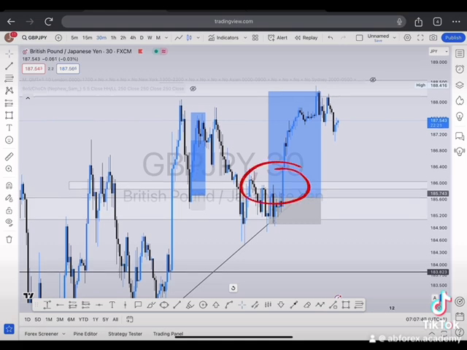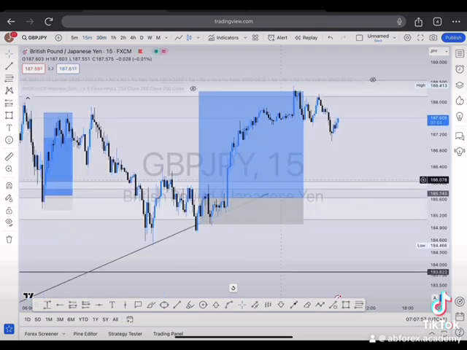To have waited for price to close above this region, right? Having seen all this consolidation here, giving us kind of a double bottom on a trend line, we should have waited for price to close above this zone, with candlestick confirmation on the 15 minutes after this closure.